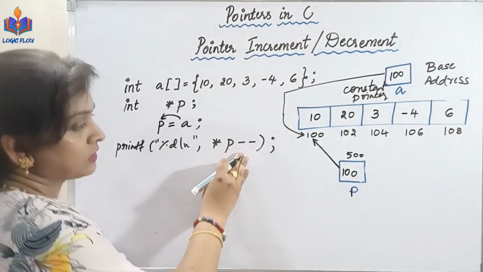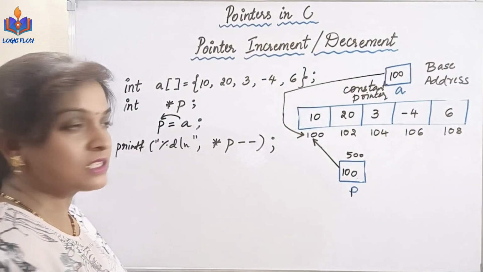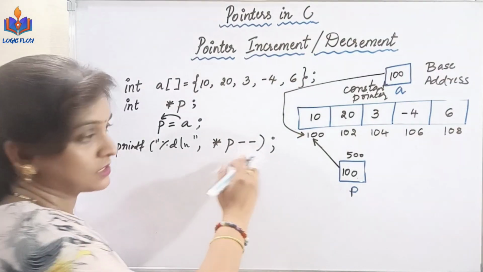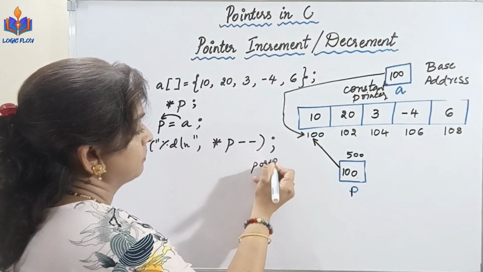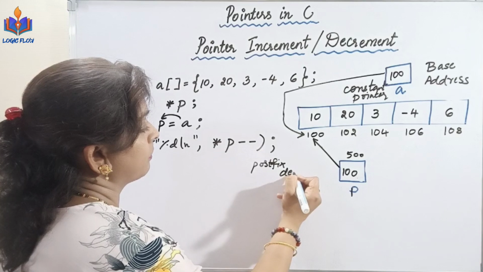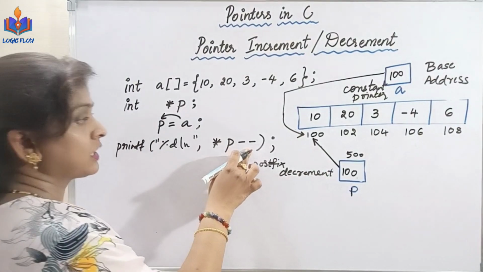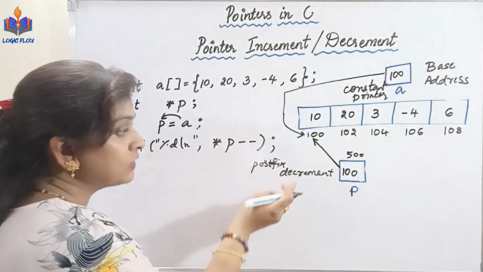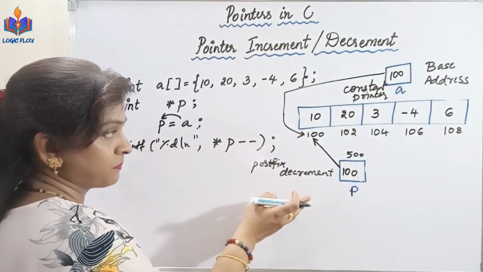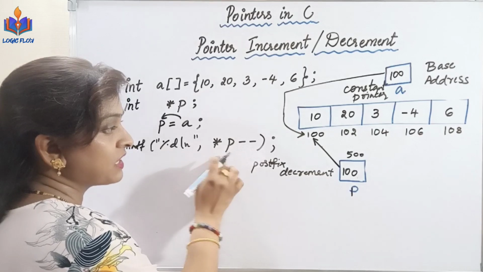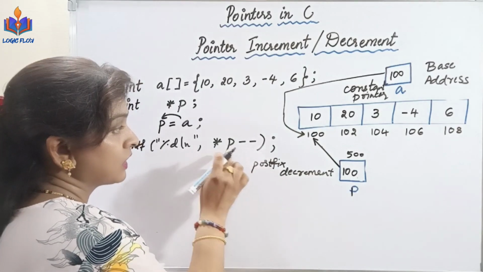So what kind of decrement is it? It is postfix decrement. And this postfix decrement says you do the decrementation afterwards.